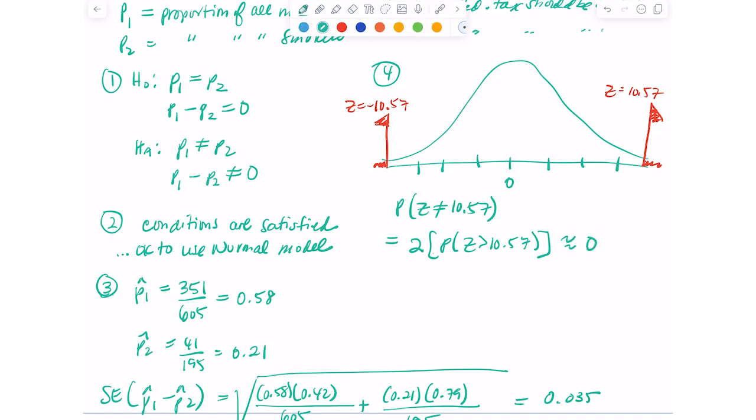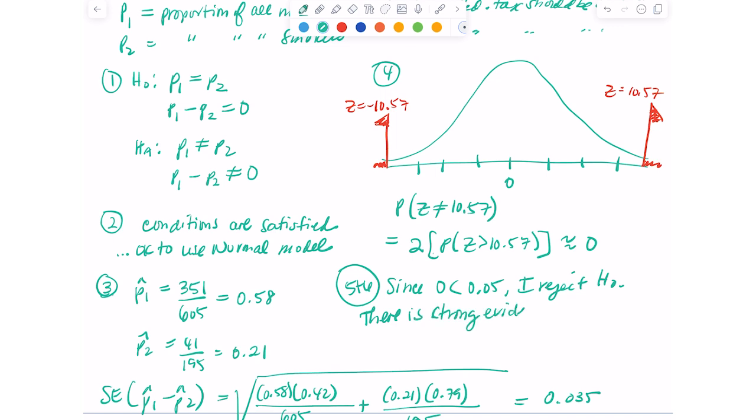Okay, so what does that mean for steps 5 and 6? Well, 0 is less than our alpha level, which was 5%. So we're going to reject the null. So since 0 is less than 0.05, we're going to reject the null. Okay, so what does that mean? When we reject the null, we would say there is strong evidence to suggest what?